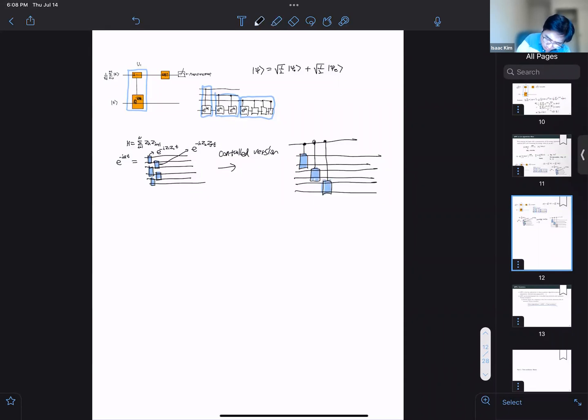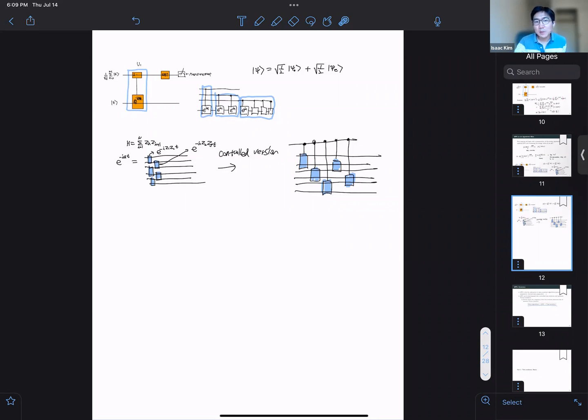Another one here, another one here, another one here. So for this example, these individual blue boxes can be decomposed in this way. So you just stack all those boxes together.